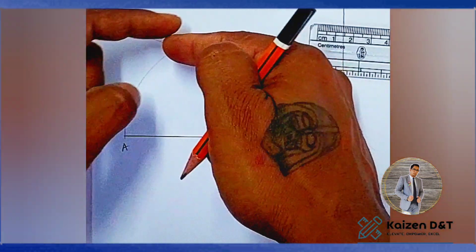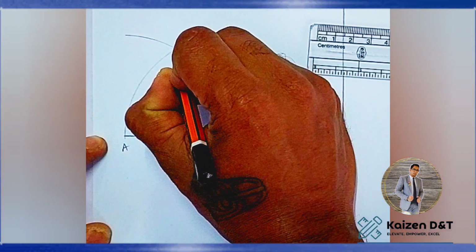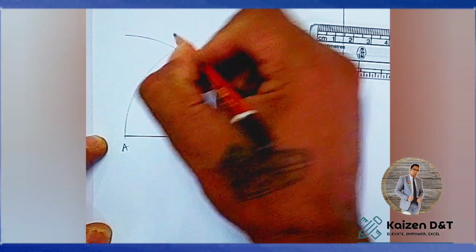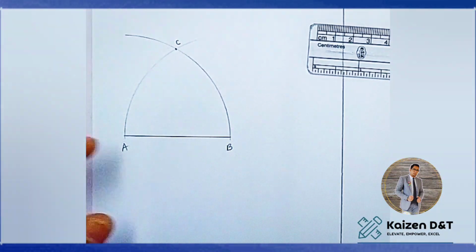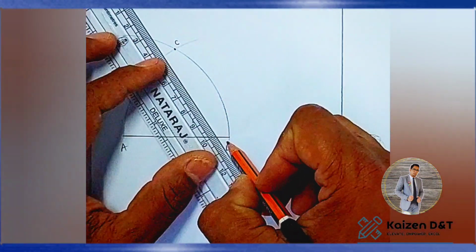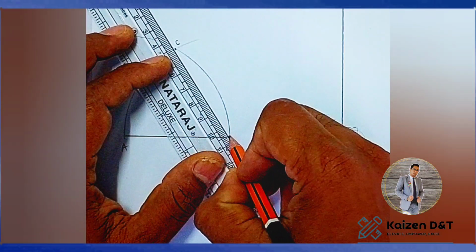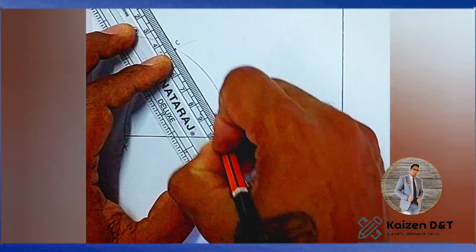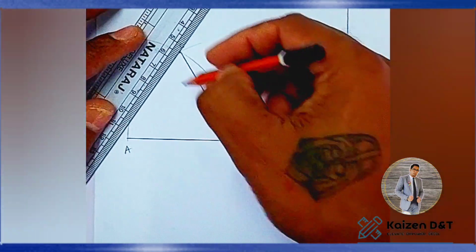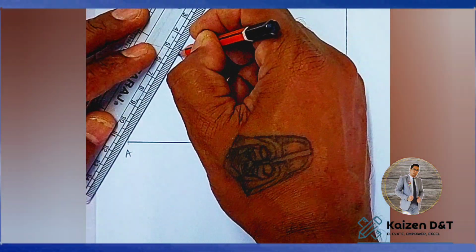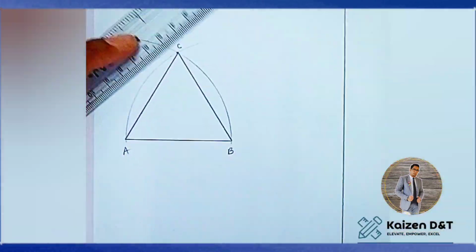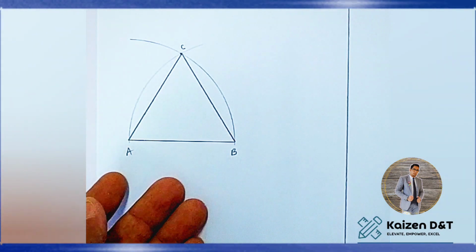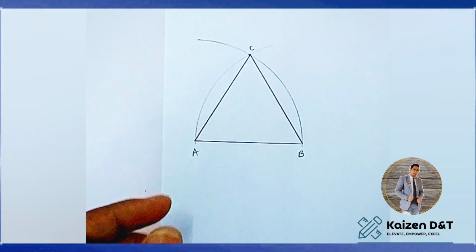When these two arcs intersect, we obtain point C. And then we join BC and also AC. So this is how we draw an equilateral triangle.